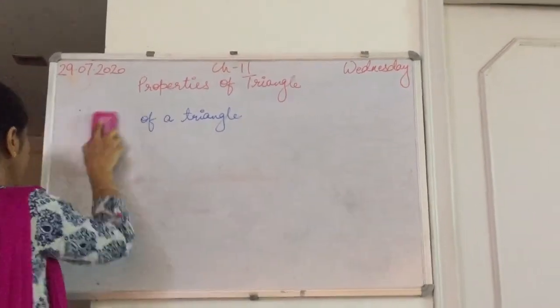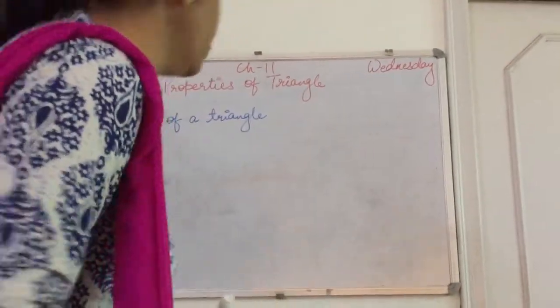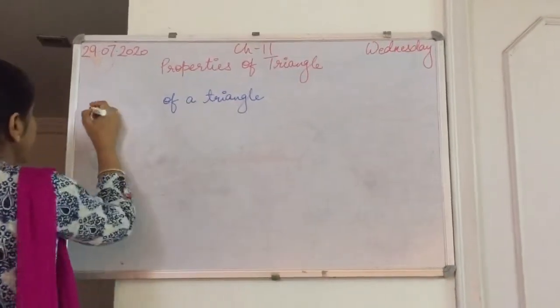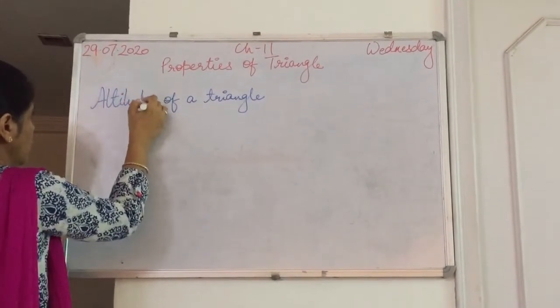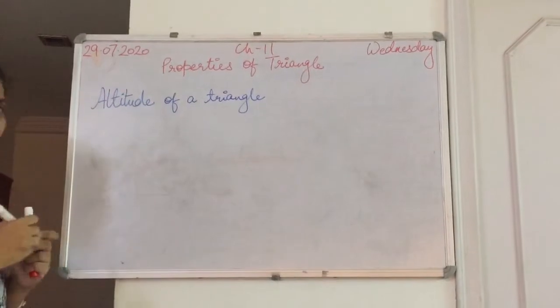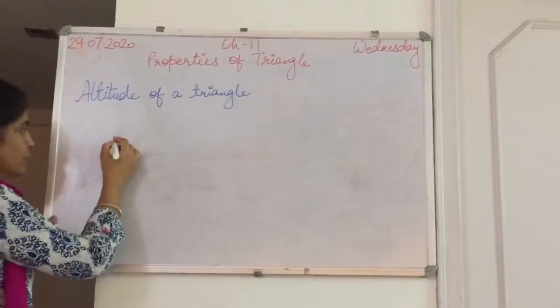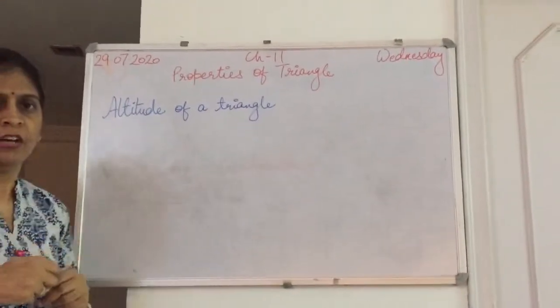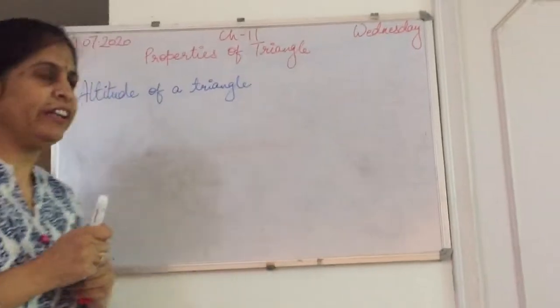Now let's talk about the altitude. This word you have heard many times. So what is altitude in this case? Now I am first drawing all 3 different types of triangles, then I will explain in different ways.